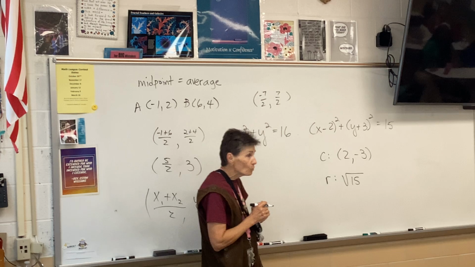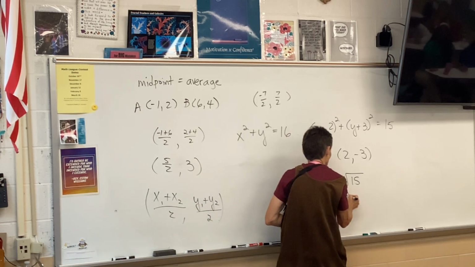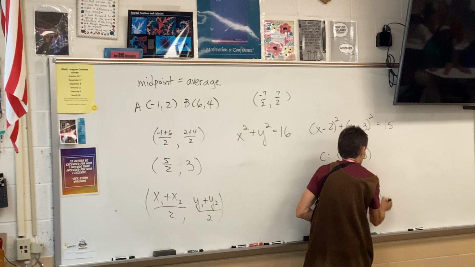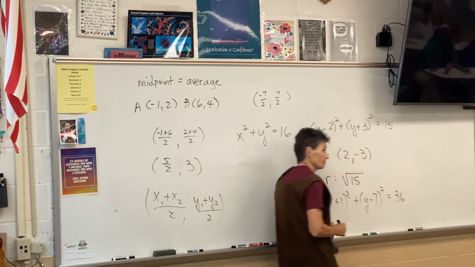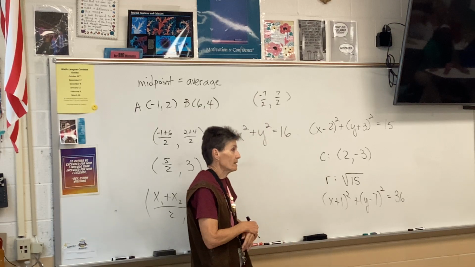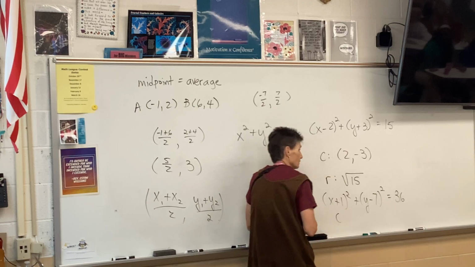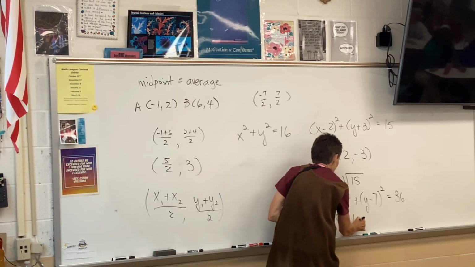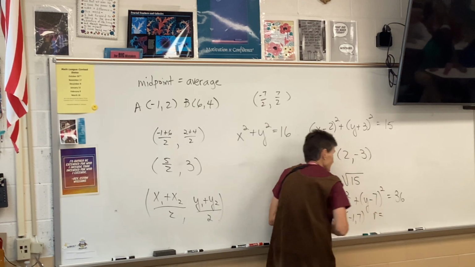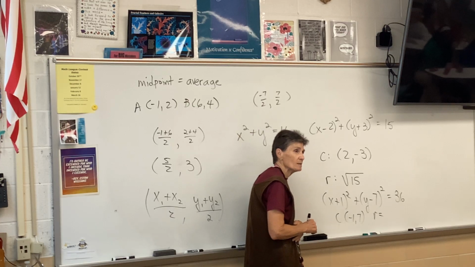So you can look at the equation of a circle and just tell me, where is the center? -1, 7. And the radius is the square root of 36, which is 6.